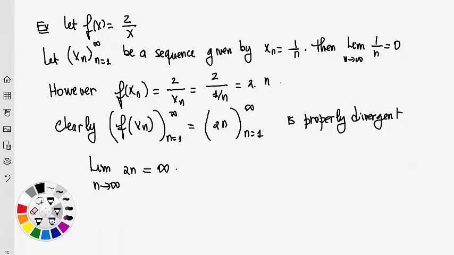So then we can say that the limit of 2 over x as x is approaching 0 does not exist.